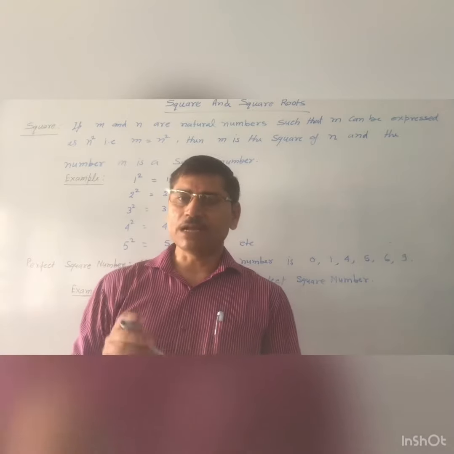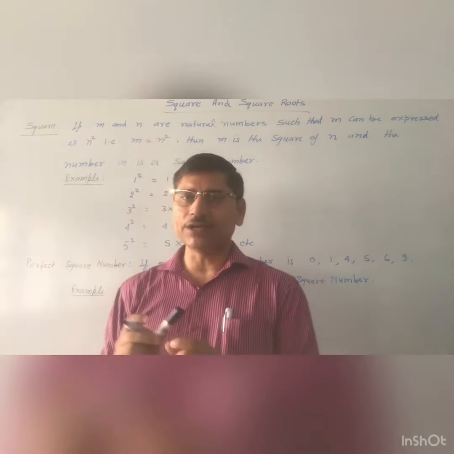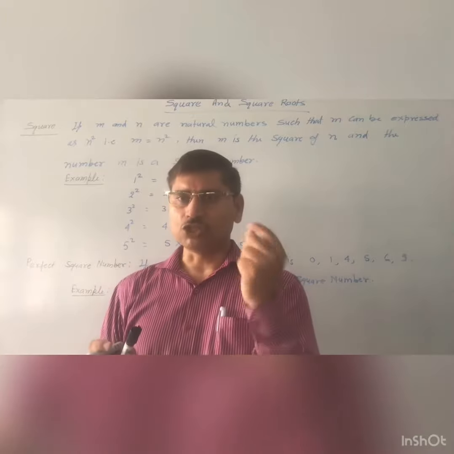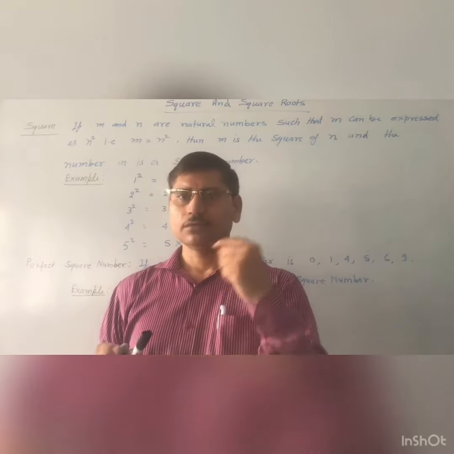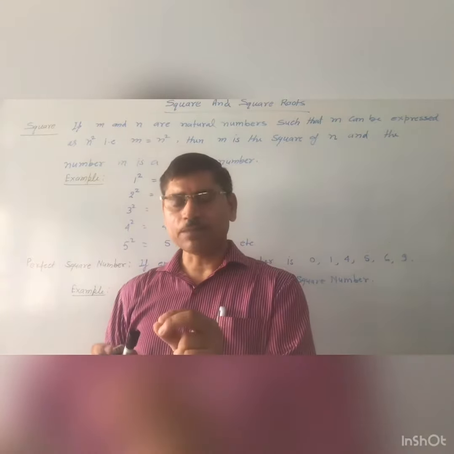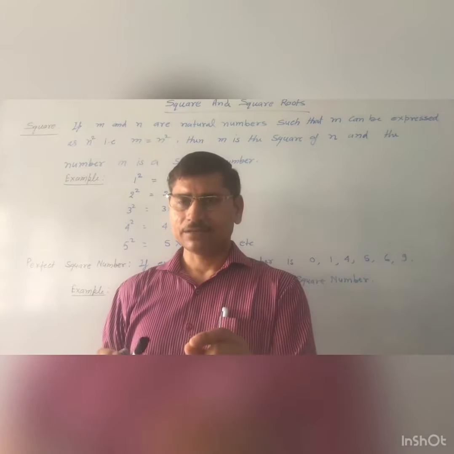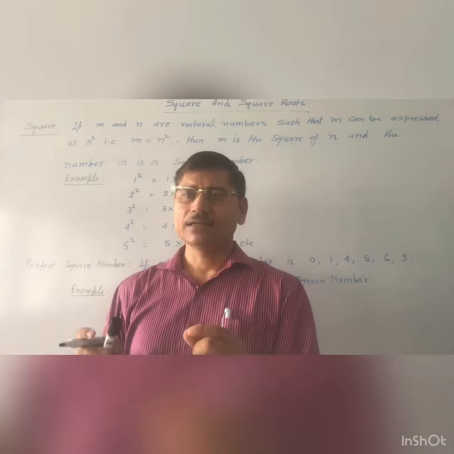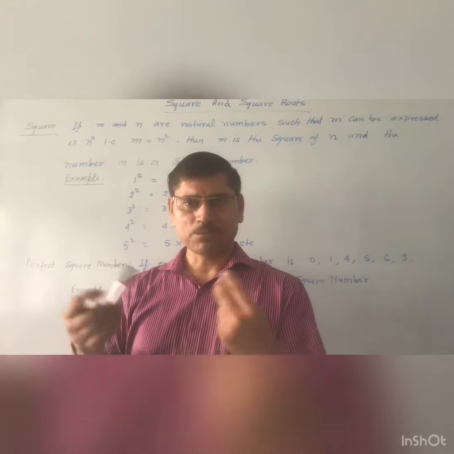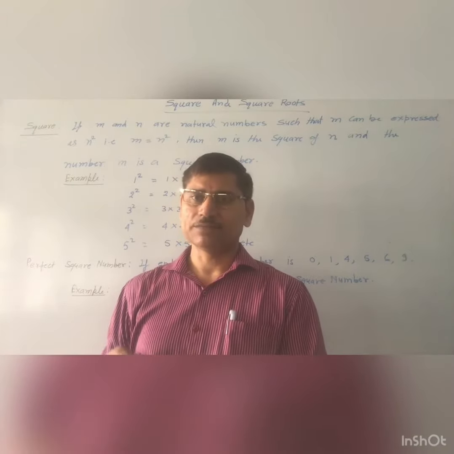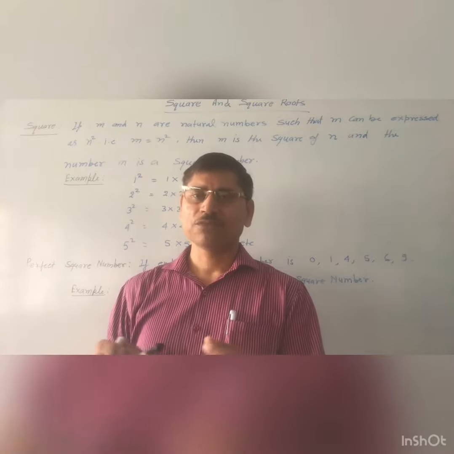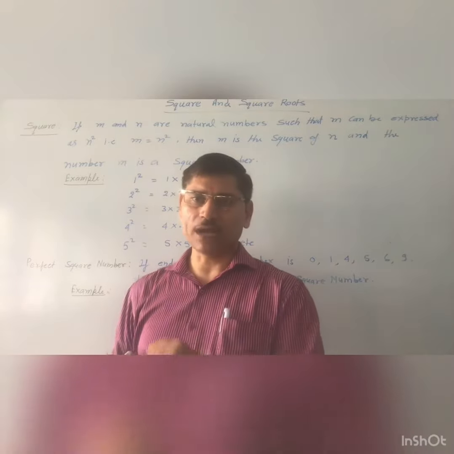So keep in mind that if the end digits are 0, 1, 4, 5 and 6, 9, then those numbers are perfect square numbers.